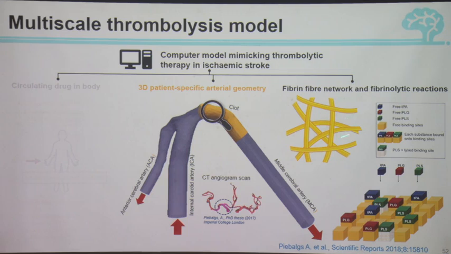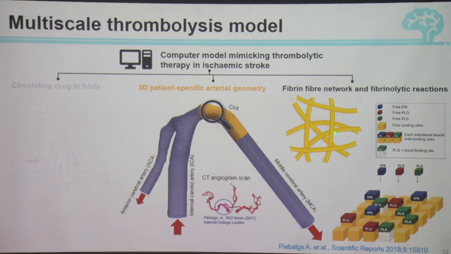This yellow strand is basically a cartoon representation of the fibrin strands. And the fibrin strands are quite important because they tie the blood cells together to form a stable clot. So the task of thrombolysis is basically just to break down the fibrin strands, so that the blood cells trapped inside can be released.